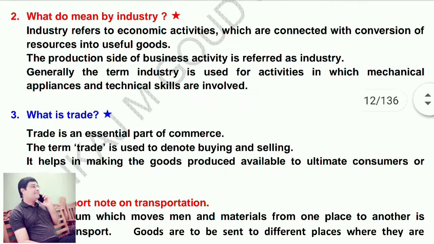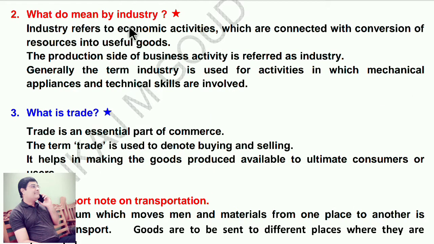Second question, what do you mean by industry? Industry refers to economic activity. Economic activity means we have to earn the money. That is known as economic activity, which are connected with the conversion of resources into useful goods.